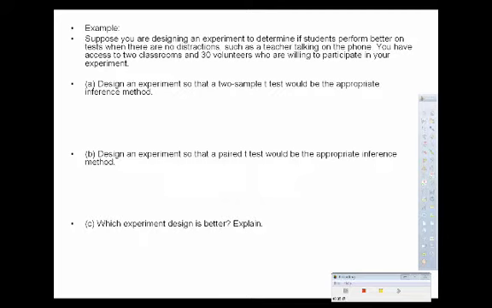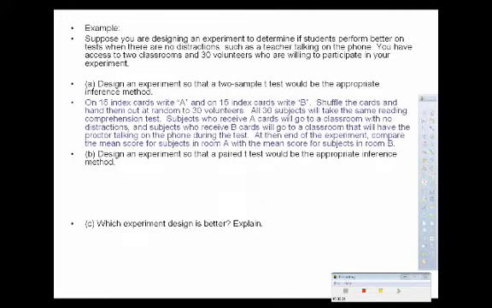Okay, so here's an example. On 15 index cards, write A, and on 15 index cards, write B. Shuffle the cards, hand them out at random to 30 volunteers. All 30 subjects will take the same reading comprehension test.